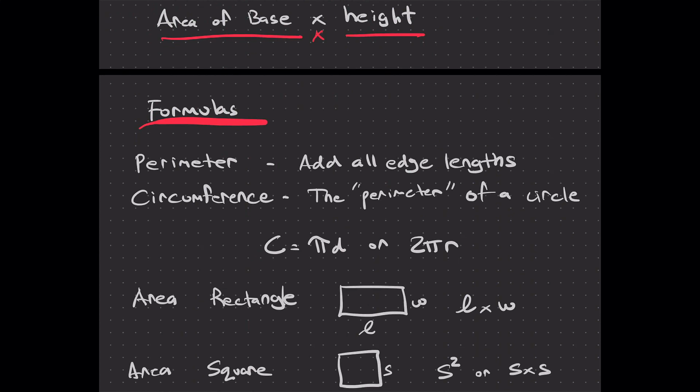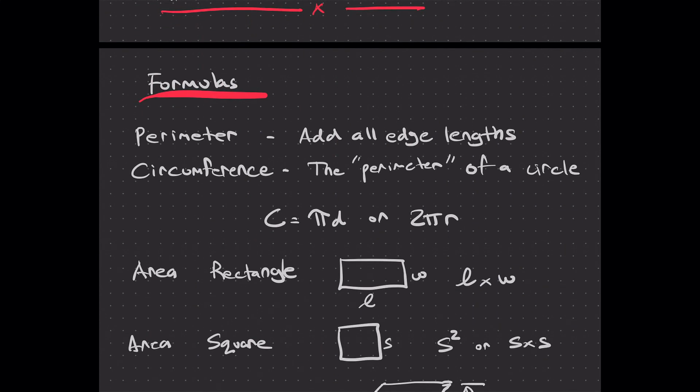Okay, now what is circumference? Well, circumference is the perimeter of a circle. So if we have a circle such as this, the circumference is the distance all the way around that circle. Now, how do we calculate circumference? Well, I've got two calculations right here.